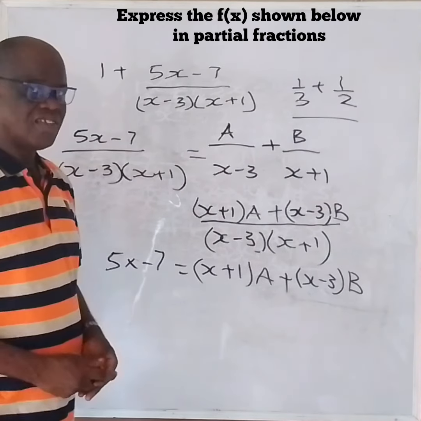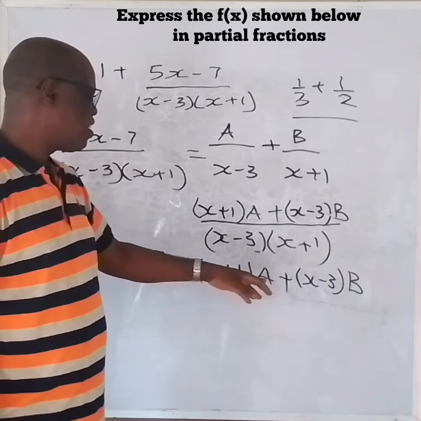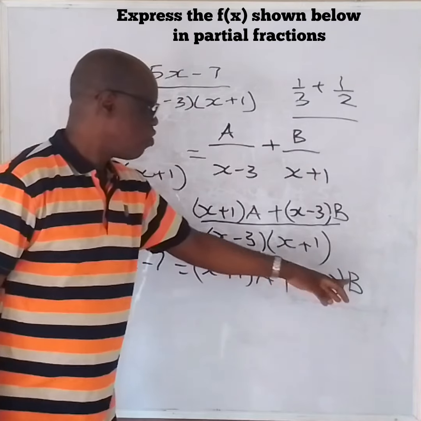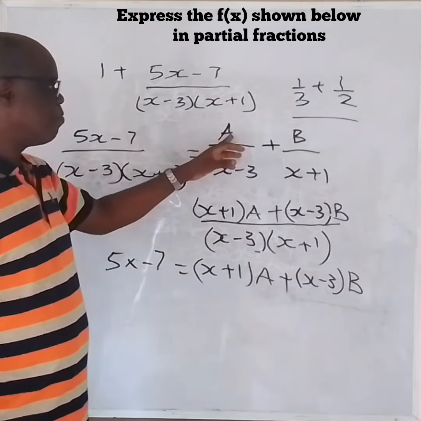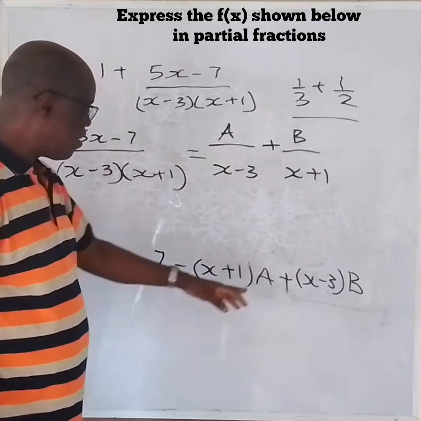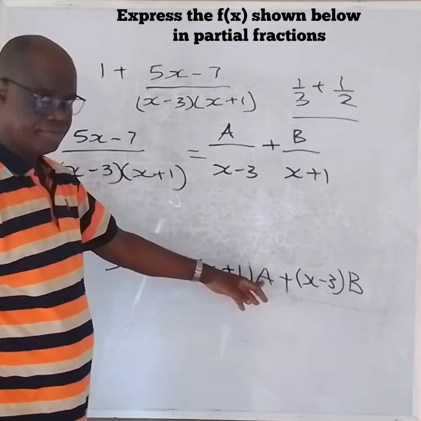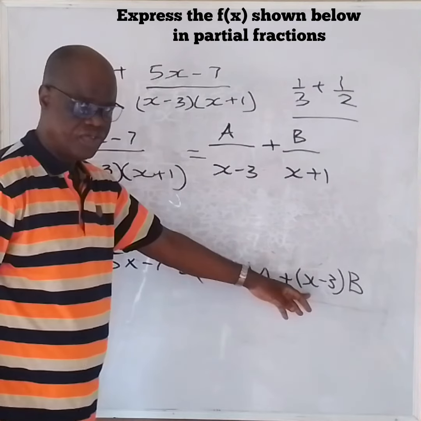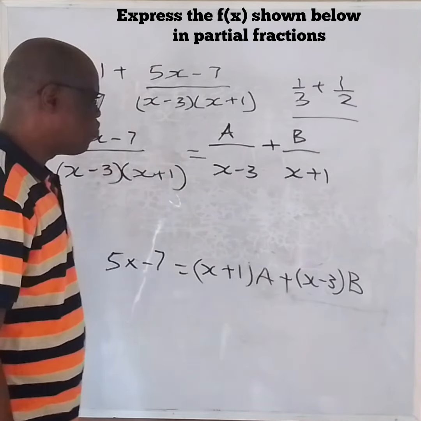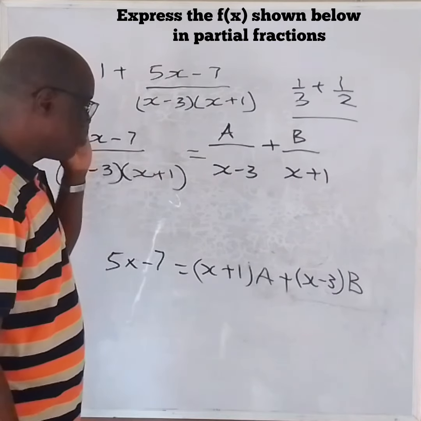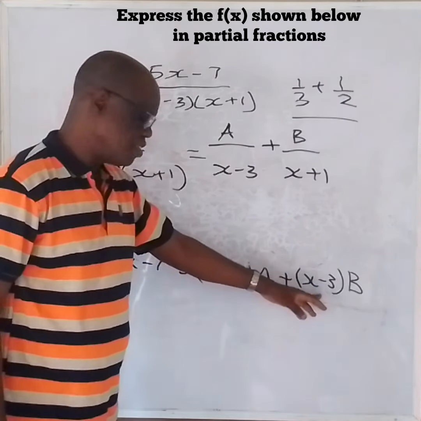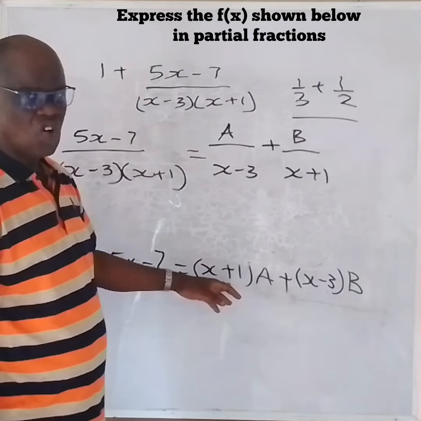Now the next thing to do is to find out what will be the value of A, what will be the value of B. And once we get the value of A and the value of B, we replace them here. For you to get the value of A, you work on B. For you to get the value of B, you work on A. So let's get the value of B first, and then we will work on A.